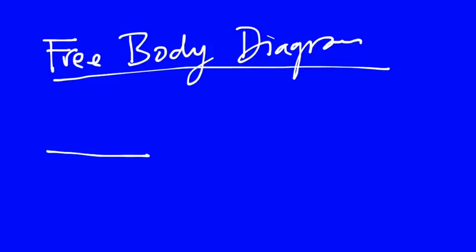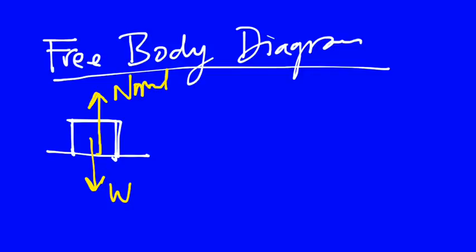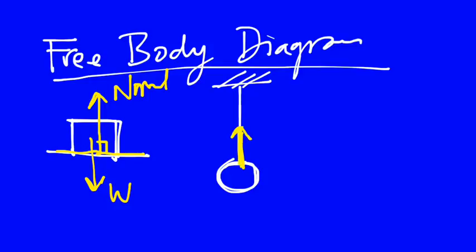So for example, if you have a block resting on a table, then if we want to draw the free body diagram of this block, it has first the weight, which is going downward vertically, and then it has normal from the surface of the table, and this normal has to be perpendicular with the surface. So another example, if we have an object hanging on a string like this, then the free body diagram will be, it has tension, and secondly it has weight.